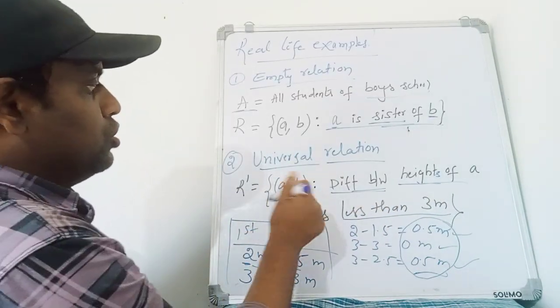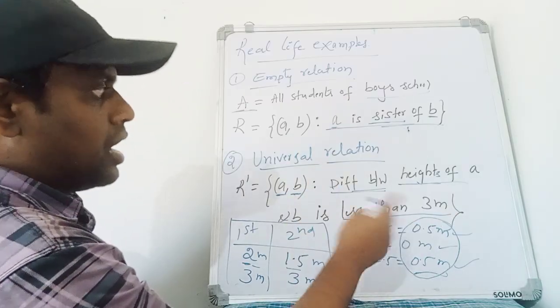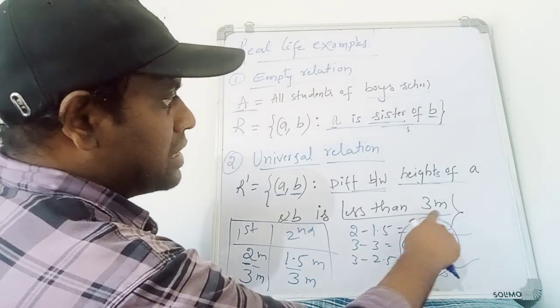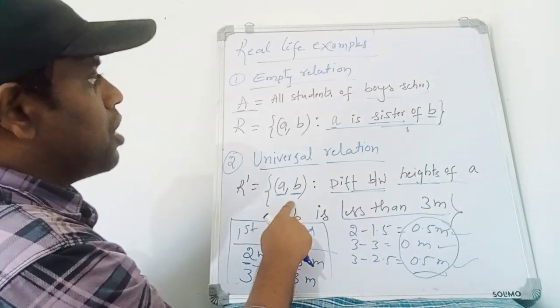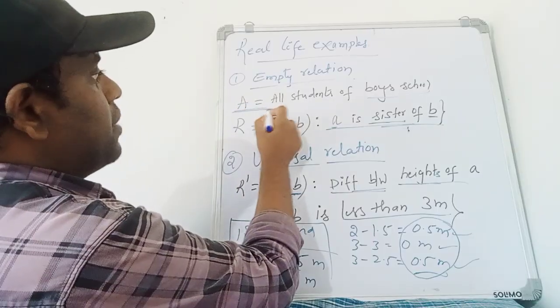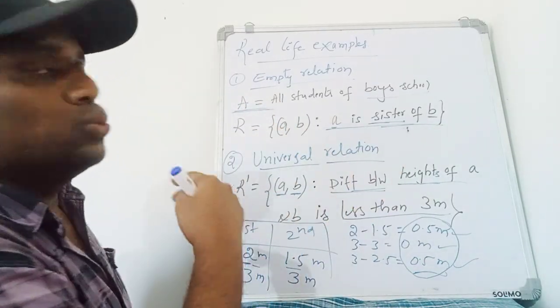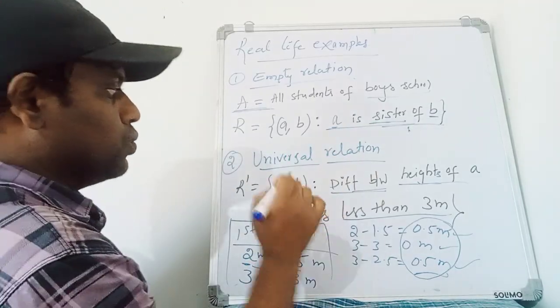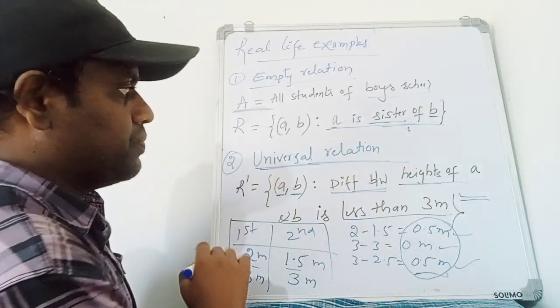I mean, if you take any students for A and B, if you take their heights and you take the difference like this, the answer will always be less than 3 meters. So this is applicable for all the students of this set A, correct? All the students, all means universal, everybody, it applies to all. So this is the example for universal relation.